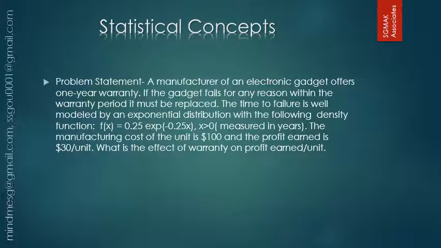A manufacturer of an electronic gadget offers a 1-year warranty. We talked about it before. If the gadget fails for any reason within the warranty period, it must be replaced. The time to failure is well modeled by an exponential distribution.